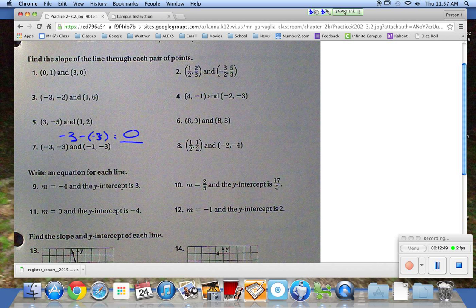What's on the bottom? Minus 3 minus a minus 1 would be minus 3 plus 1, negative 2. What kind of slope is this? No slope.